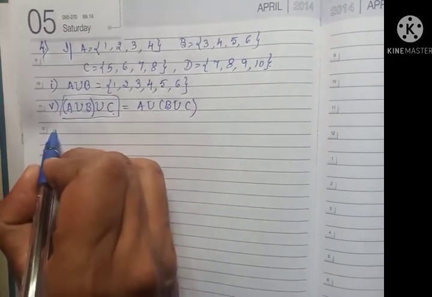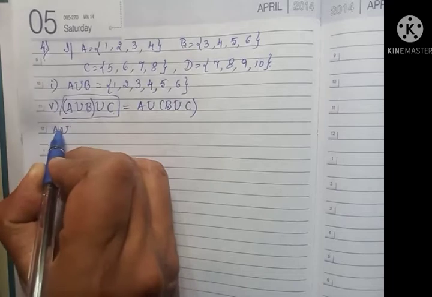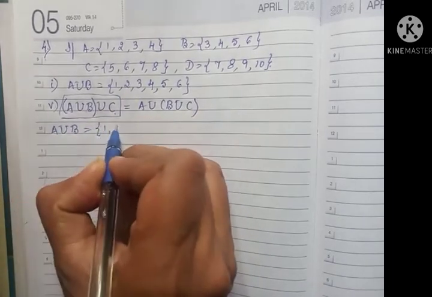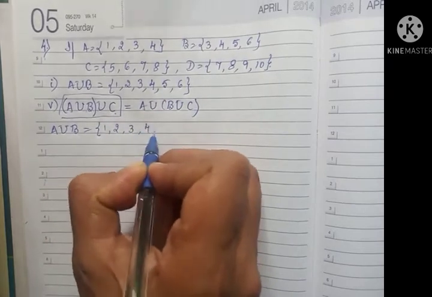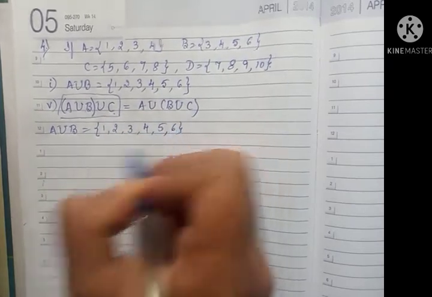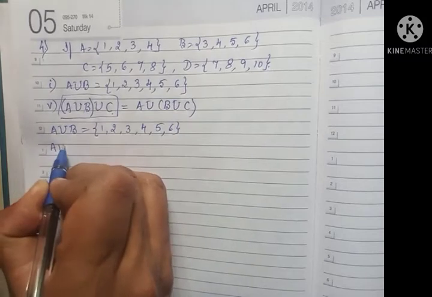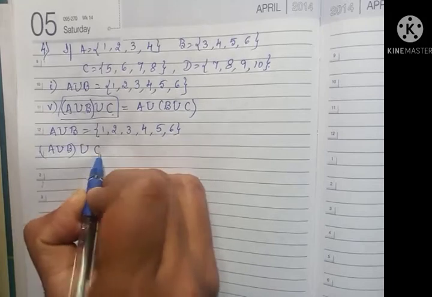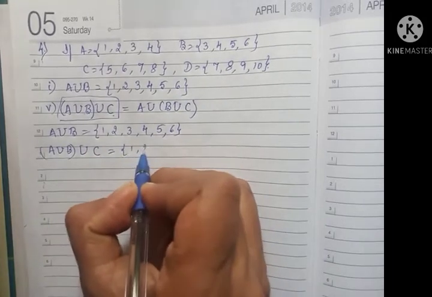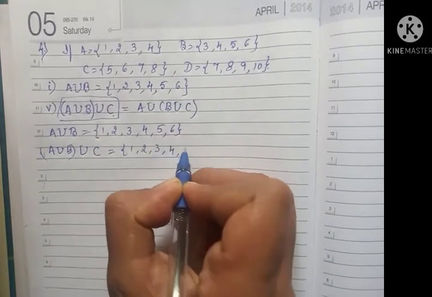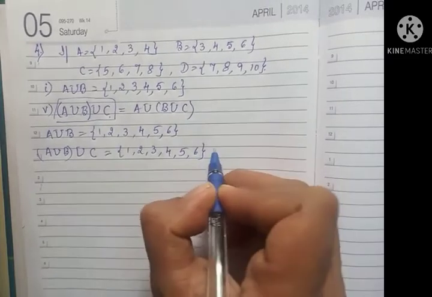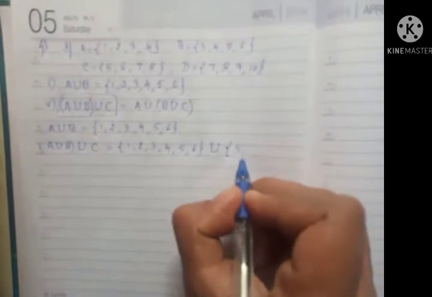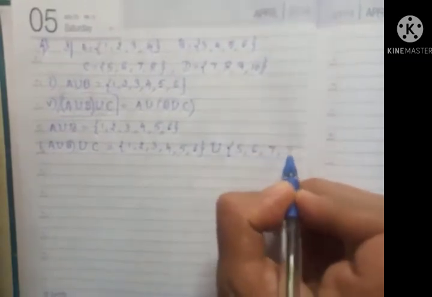That means first I'll find out A union B. I know what is A union B. I'll take this opportunity, so I'll write here. Now A union B, this is one set. Union with C. That means A union B is already known, and take the union with the set C. Set C is 5, 6, 7, 8.